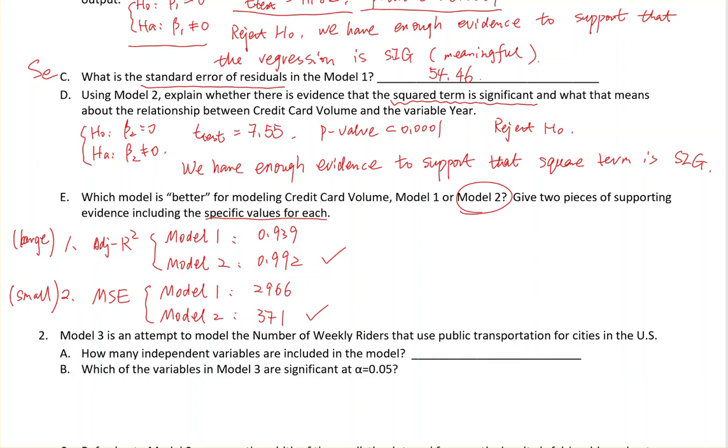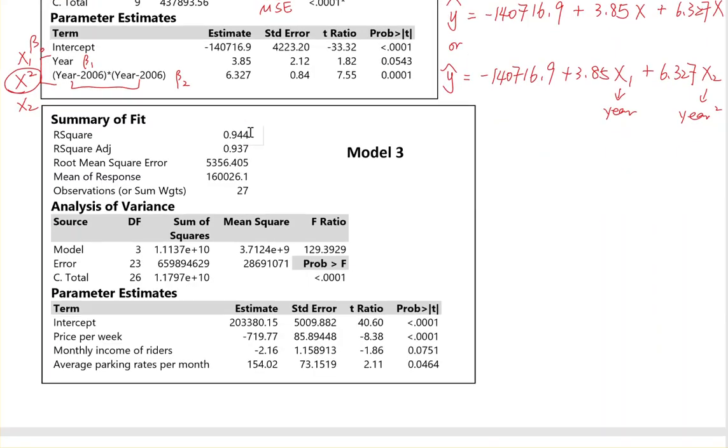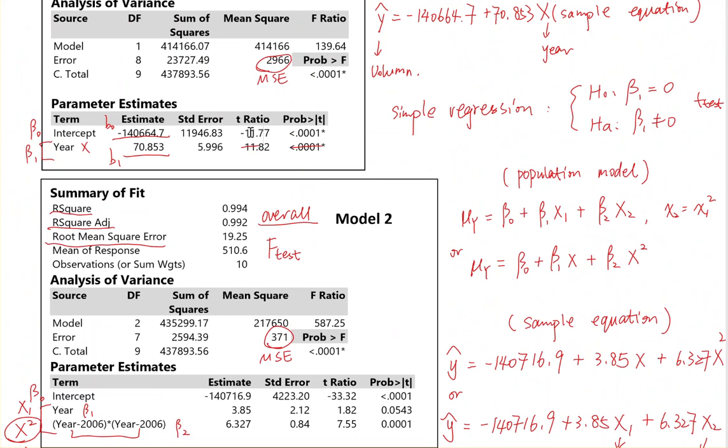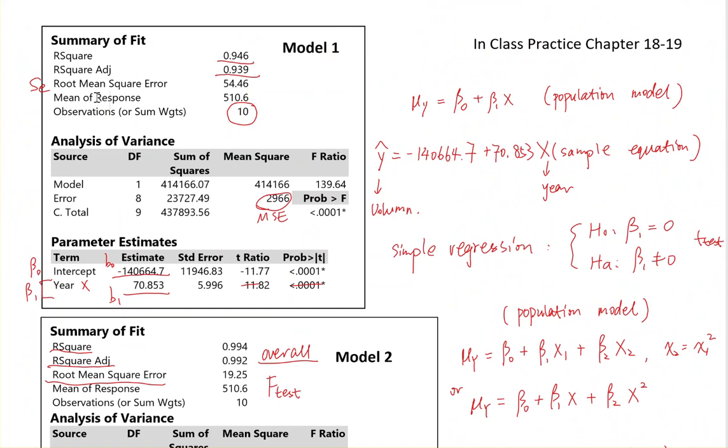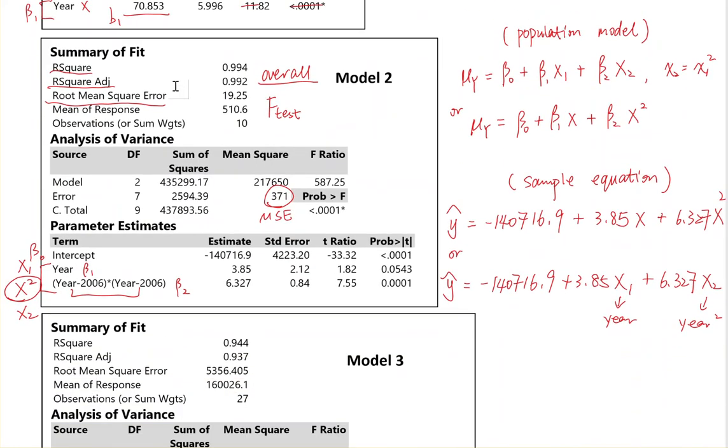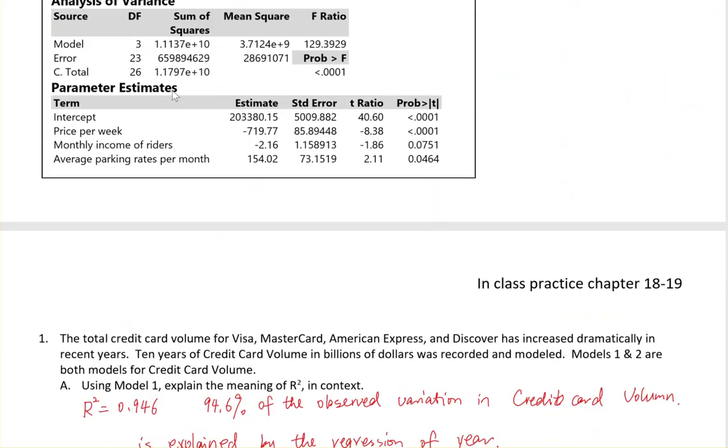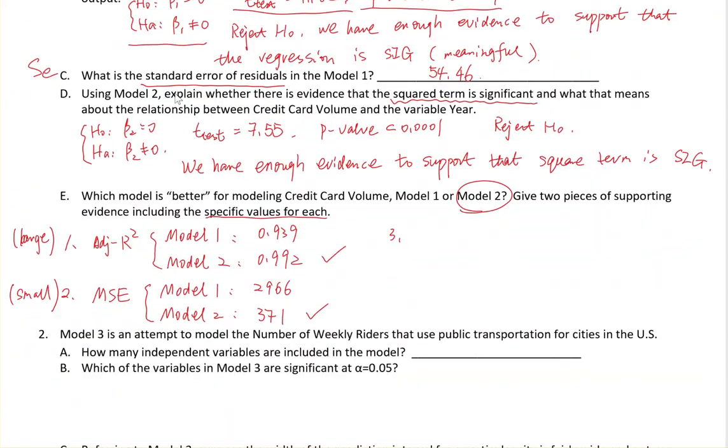Okay, do we have another piece of evidence? Sure, right? So number 3, as what we test, for Model 1, we can also look at the root mean square error, which is SE, right? So we can also compare SE.